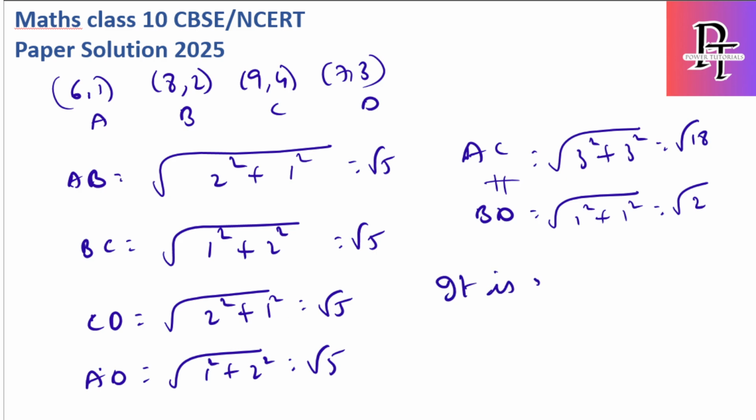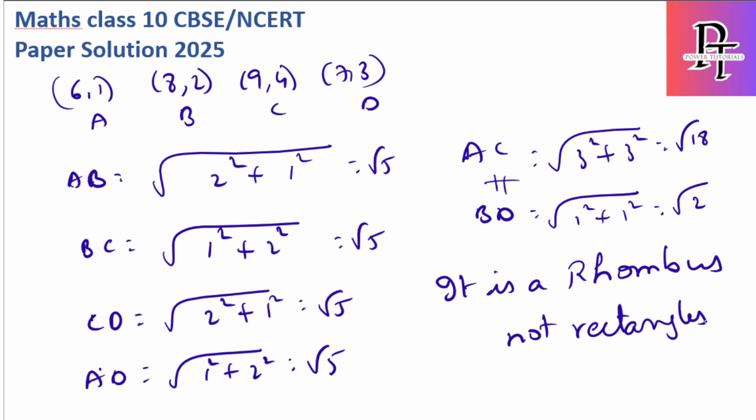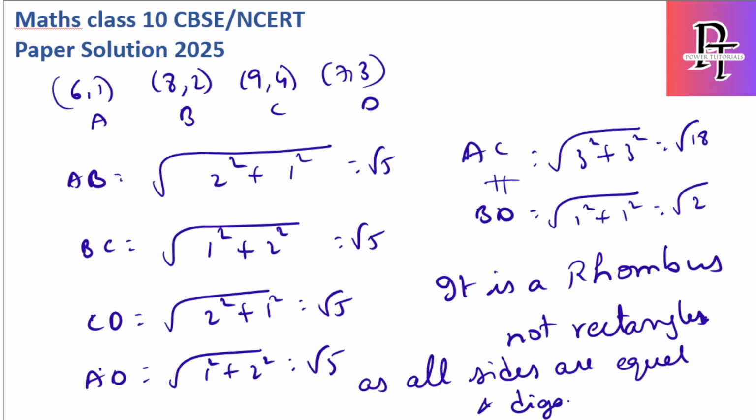It is a rhombus, not a rectangle. You have to mention the condition as all sides are equal and diagonals are not equal. Okay, let's move to the next question.